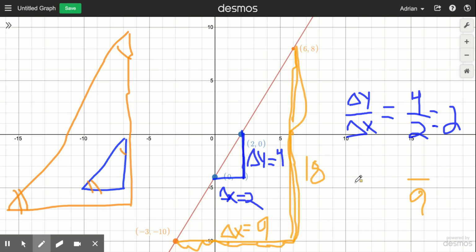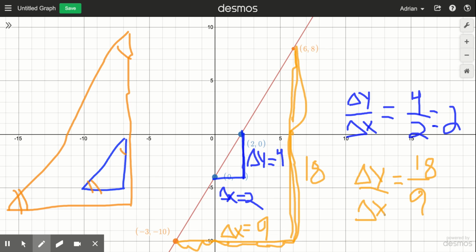So this tells me my change in y for my orange triangle is equivalent to 18. Just so we can keep with our notation, change in x is going down here.